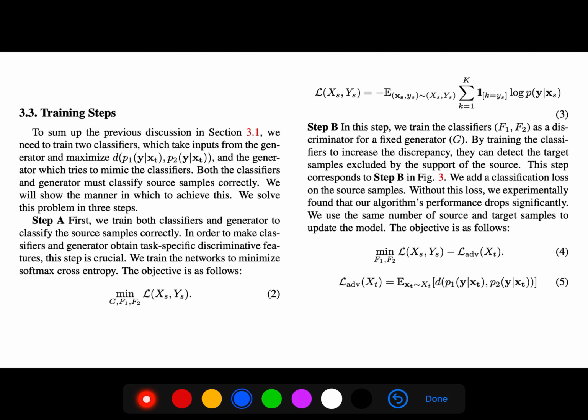So for training, we have 3 steps, A, B, C. For step A, we train both classifiers and generator to classify the source samples correctly. So we just use it for source samples. In order to make classifiers and generator obtain task-specific discriminative features, this step is crucial.